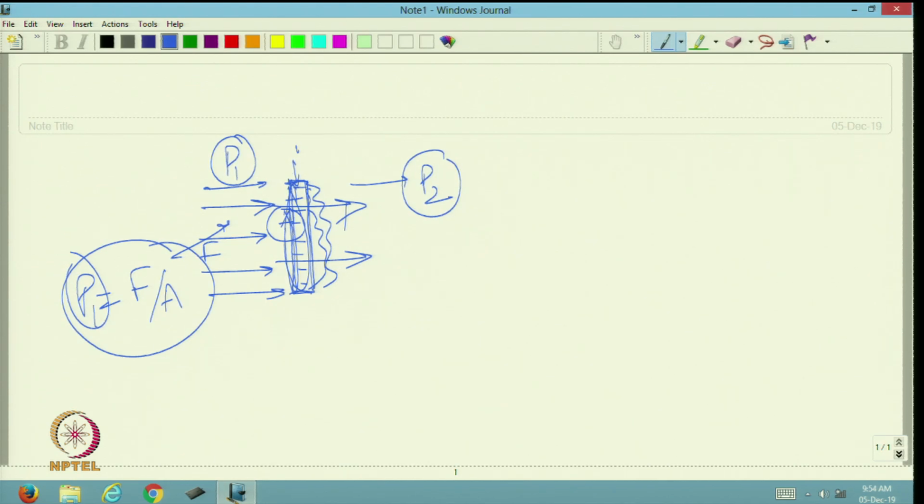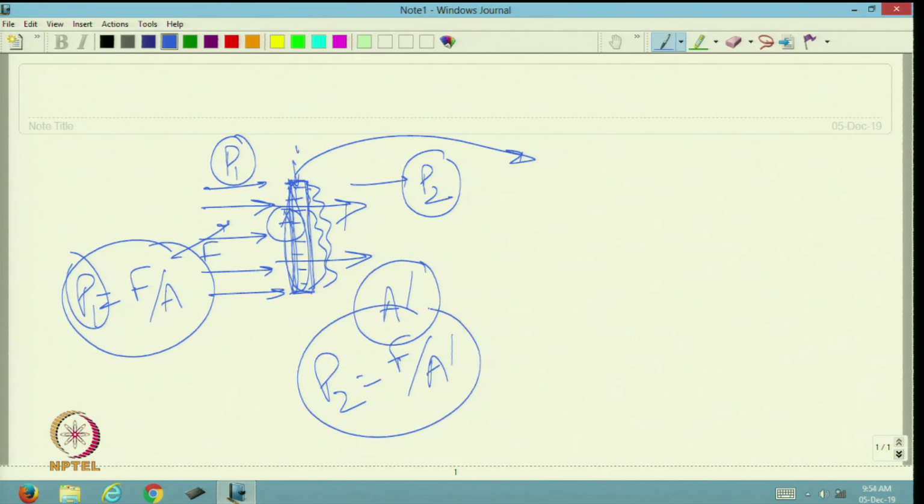So, if we can increase the area to say A dash, then we can reduce the pressure drop, where A dash is more than A and P2 will be less than P1.